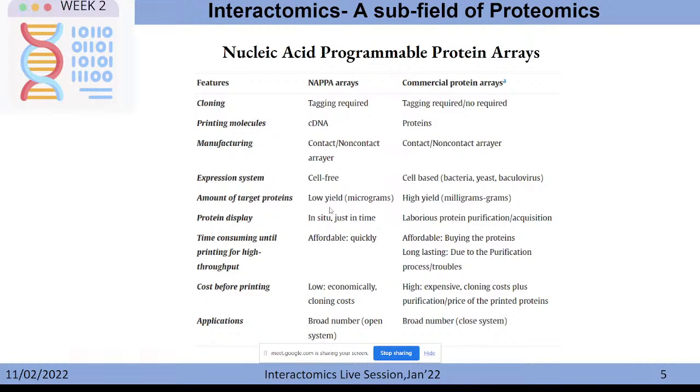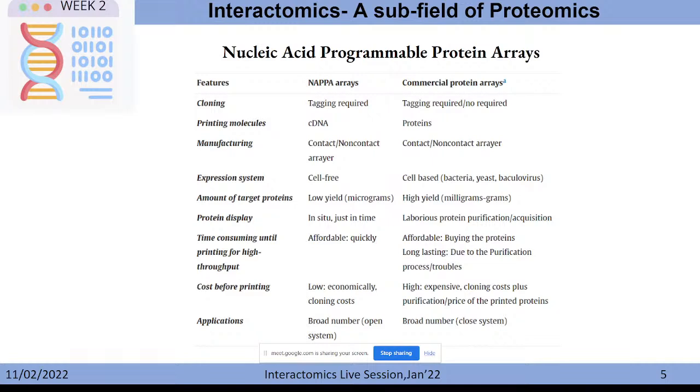Then the amount of target protein is low yield, in micrograms, but in cell-based expression systems it will be high yield. Protein display is in situ, just in time. After you provide the cell extract, the protein will get formed just before the experiment, it will be expressed.